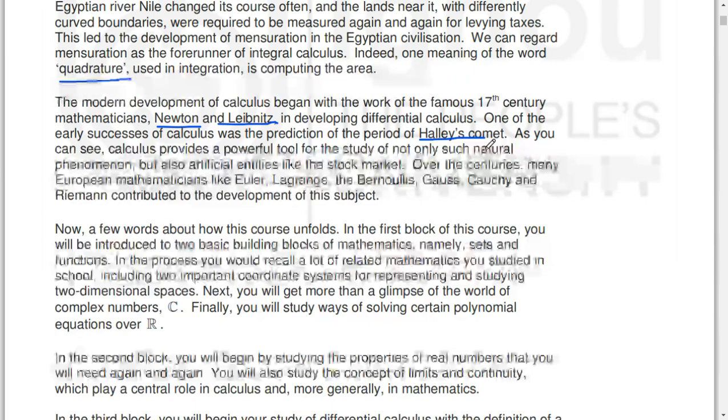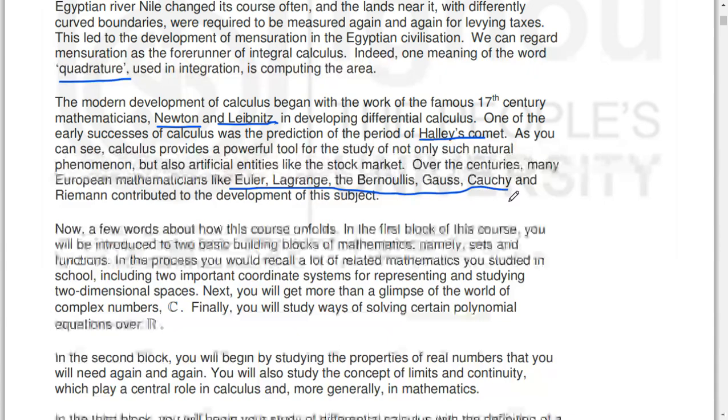As you can see, calculus provides a powerful tool for the study of not only such natural phenomena but also artificial entities like the stock markets. Over the centuries, many European mathematicians like Euler, Lagrange, the Bernoullis, Gauss, Cauchy, and Riemann contributed to the development of this subject.